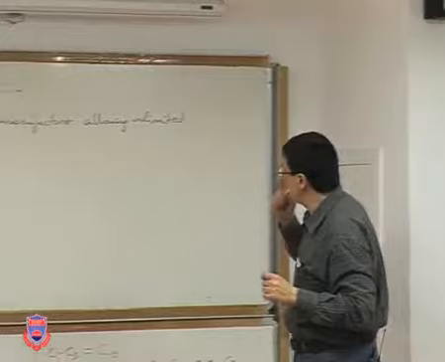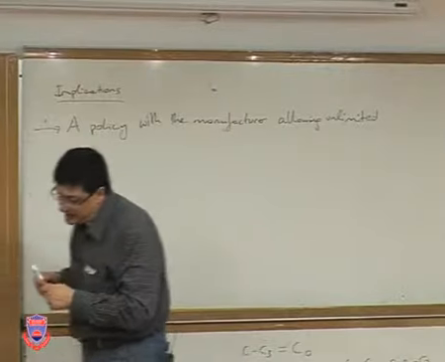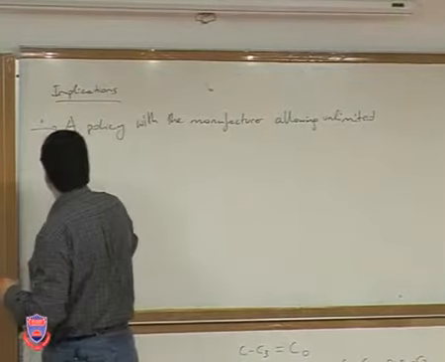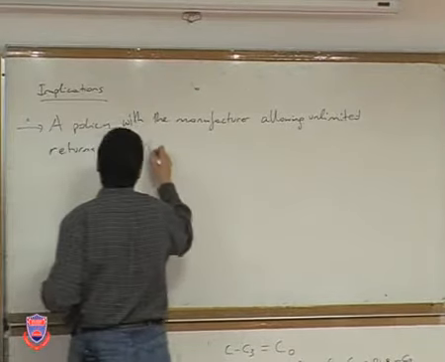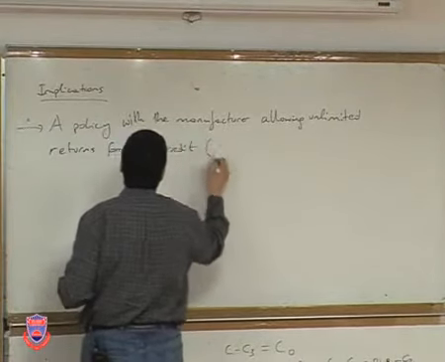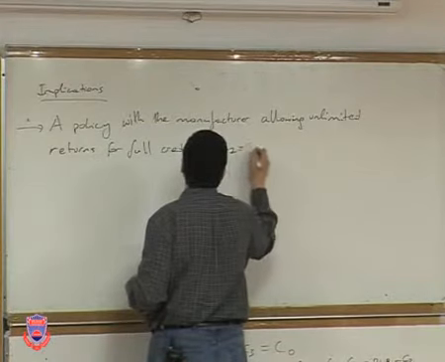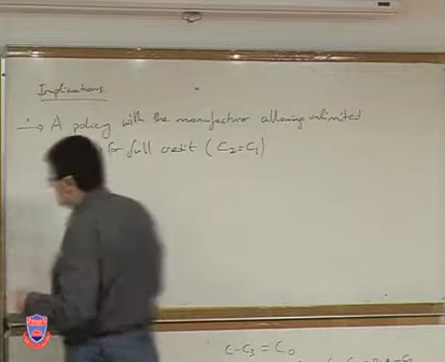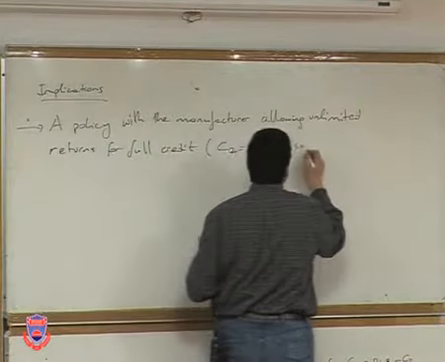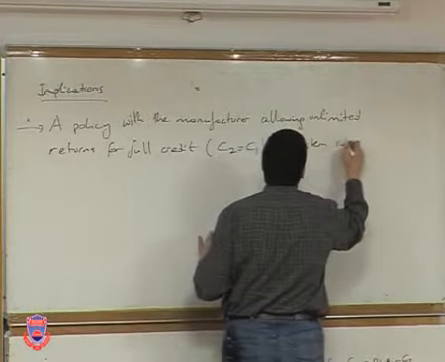So a policy with the manufacturer allowing unlimited returns for full credit. What do we mean by full credit? C2 is equal to C1. Is this system suboptimal?